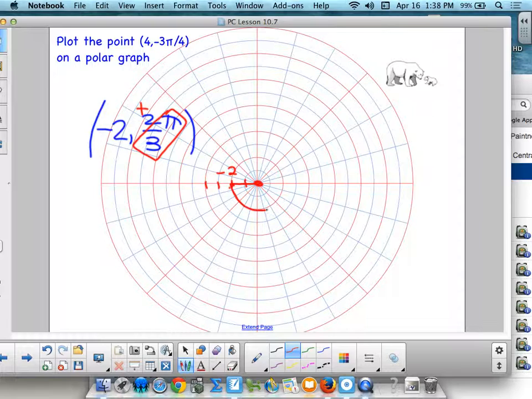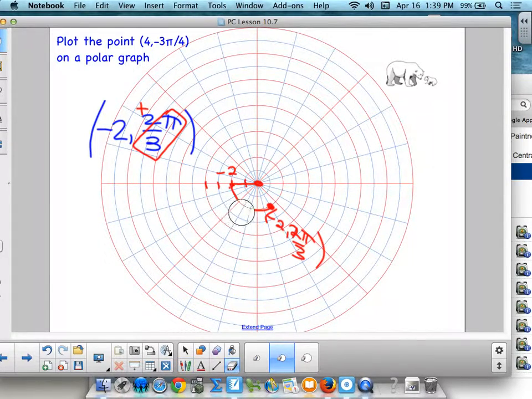I can't even see where I'm at, I think it's about right here. I think that's it right there. Negative 2 comma 2/3 pi. There it is. You don't need this piece, so get rid of that. That's actually the answer right there.